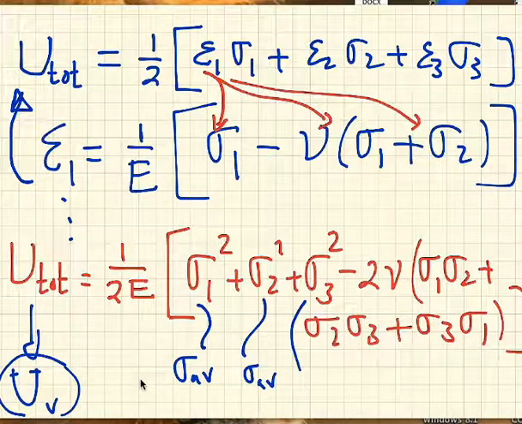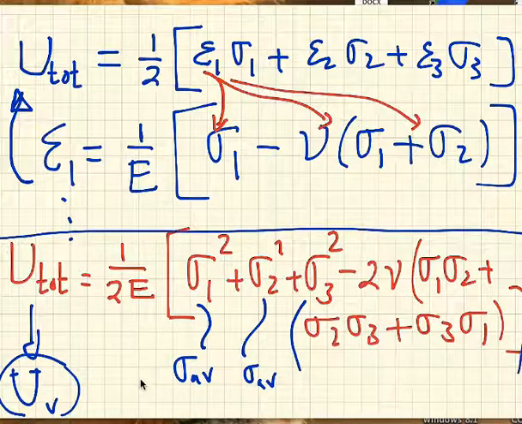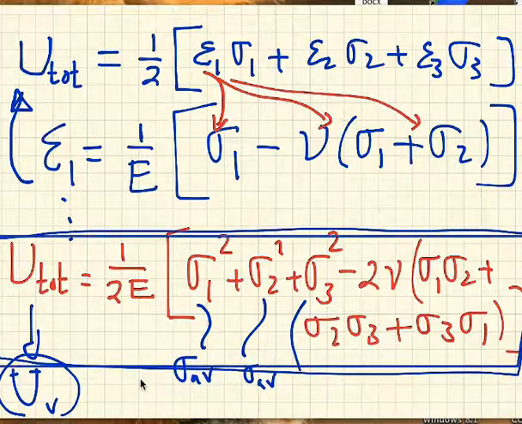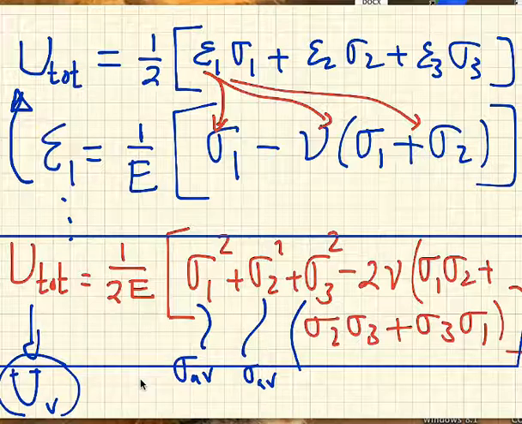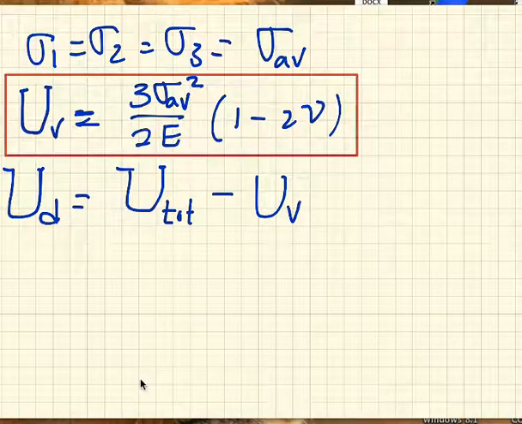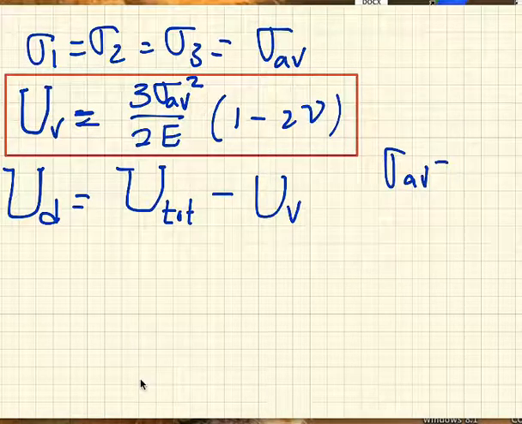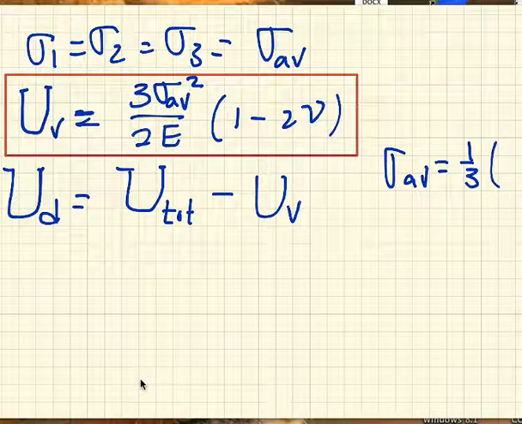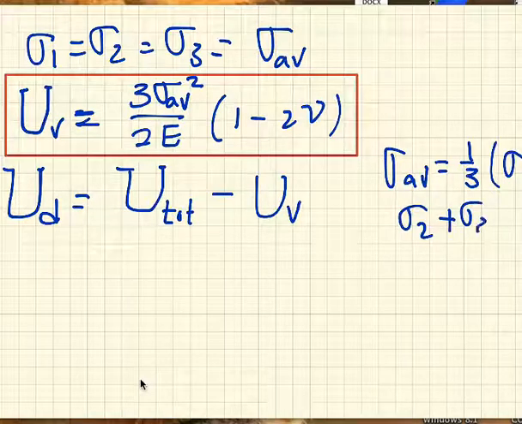In the total equation you have sigma 1, sigma 2, sigma 3, but in the volumetric equation you have only sigma av. Note that sigma average is just 1/3 of sigma 1 plus sigma 2 plus sigma 3.